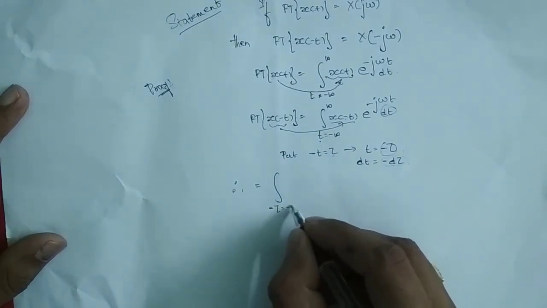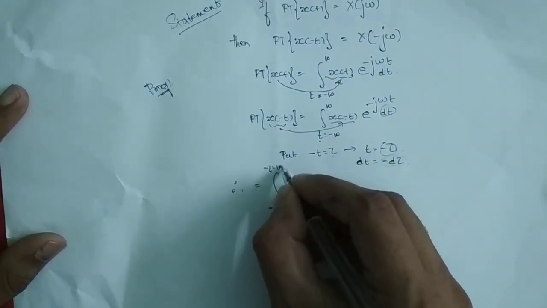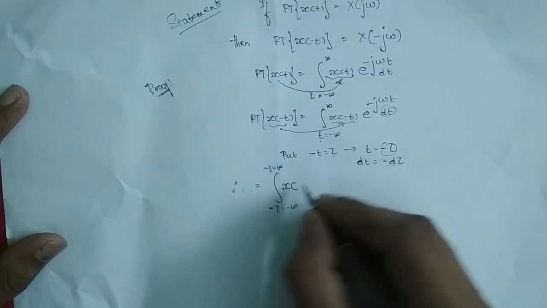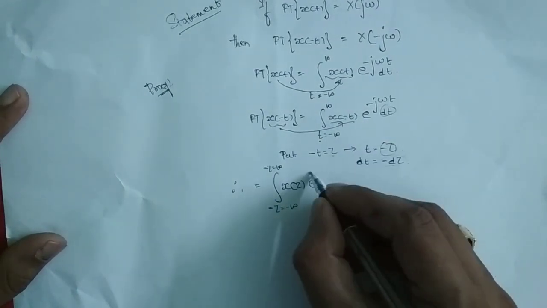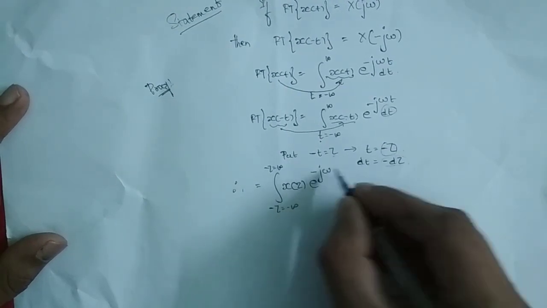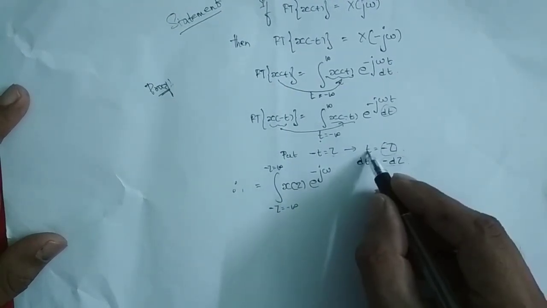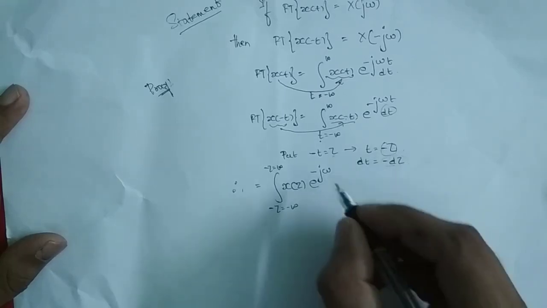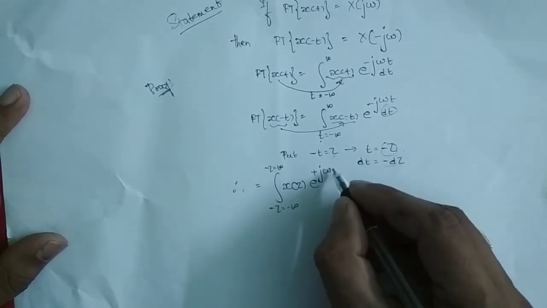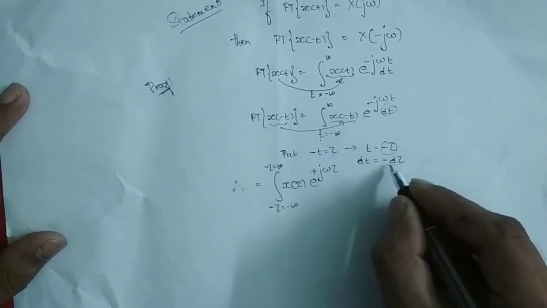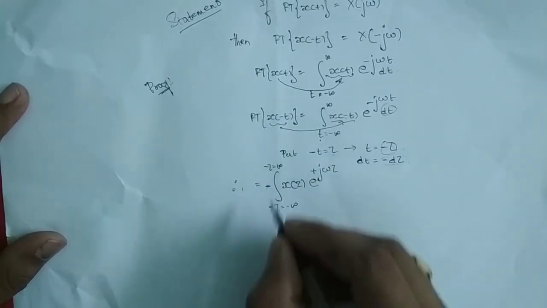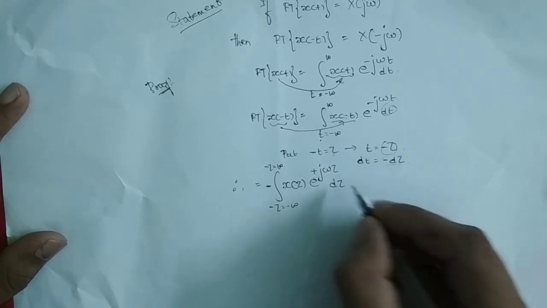So therefore, this becomes the integral, minus tau going from minus infinity to plus infinity, of x of, so minus t I have to replace by tau, into e power minus j omega into t. I'm supposed to replace t by minus tau, so minus into minus is plus, this becomes tau, and dt I'm going to replace by minus d tau, so outside I'll take that minus d tau.